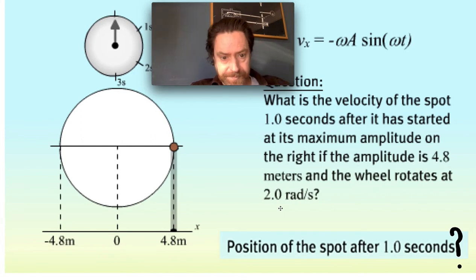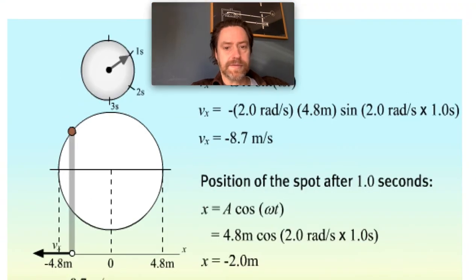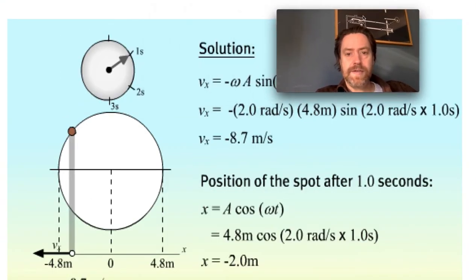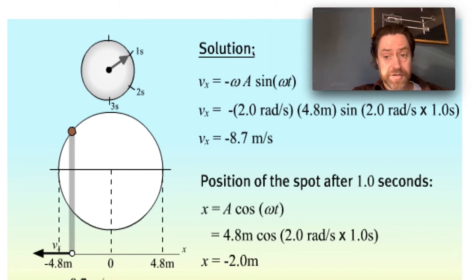Okay, let's have a look. So the solution, we're not using Vmax because we don't want that, we just want to know what its velocity is at a particular point. We get Vx equals minus omega a sine omega t.